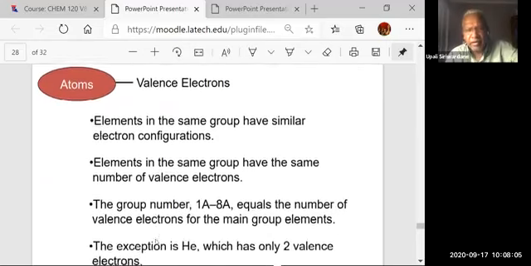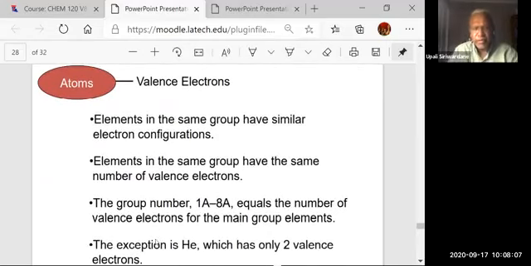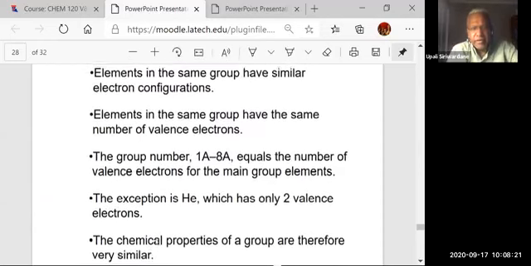Now, one thing we want to show is, even though an atom has so much detail, we only show the valence electron configuration.